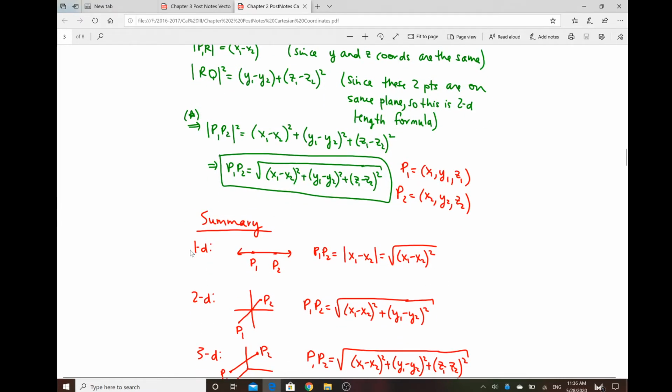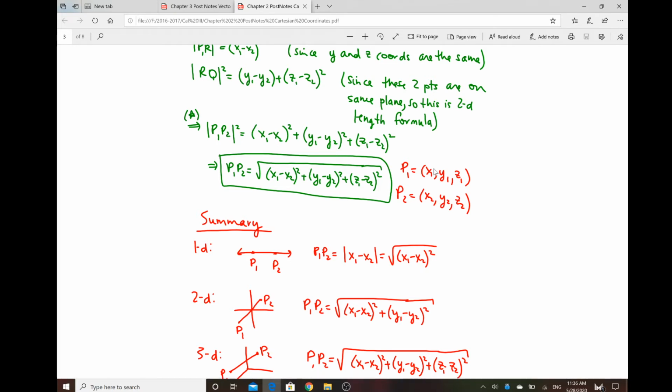So here's the little summary. In 1D, if two points are given, we can just make a straight line. To find the distance of the straight line, it's the absolute value of x1 minus x2, or you can do the square root of the quantity x1 minus x2 quantity squared.